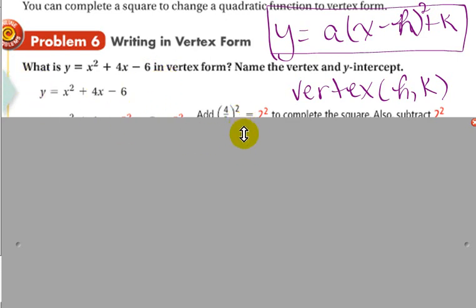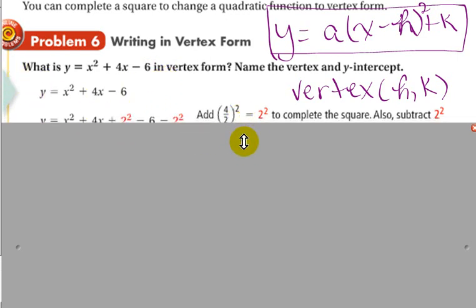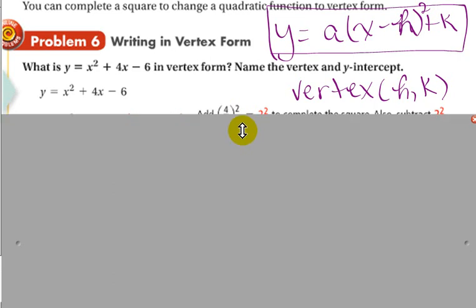So let me walk you through this so you can see what I'm talking about. So I said let's move the negative 6 over here, and now let's complete this square. So we're going to take x squared plus 4x, and what do I need to complete my square? 4 divided by 2 squared is going to be, what's 4 divided by 2? 2, and what's 2 squared? 4.